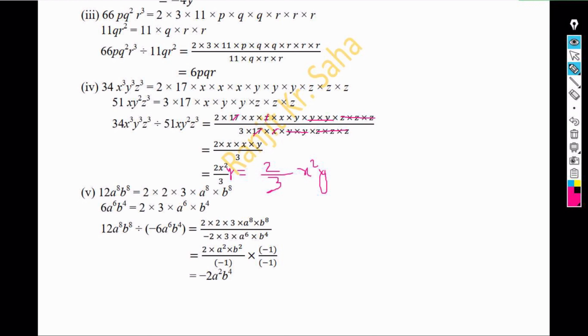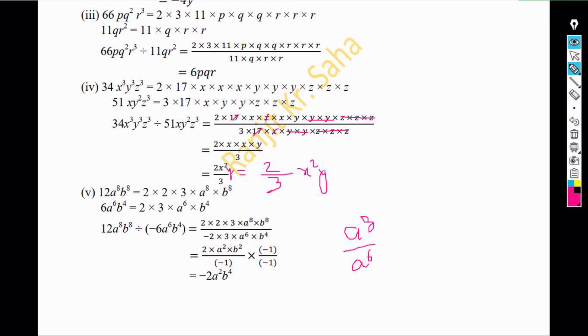Now the fifth part is more important, because in the denominator there is minus 6 a to the power 6, b to the power 4. And you know, we do not keep the denominator negative, we always keep the minus sign in the numerator. Then after cancelling, you can also use here a to the power 8 by a to the power 6.